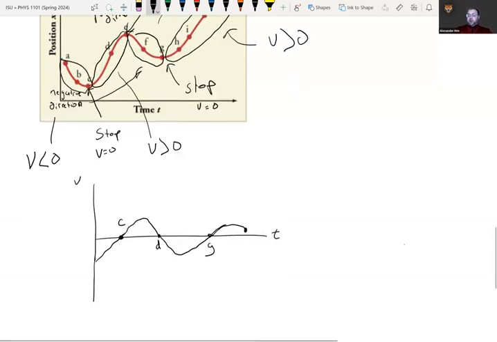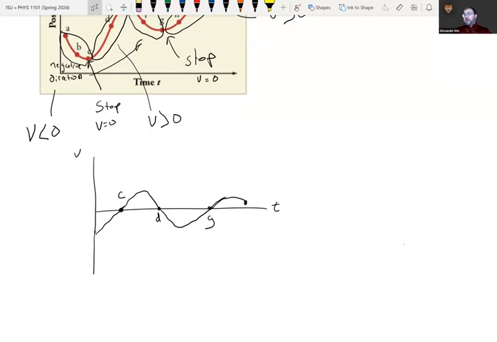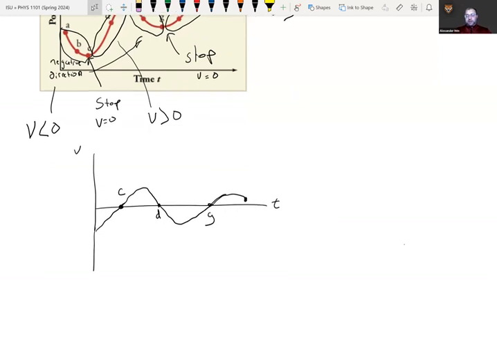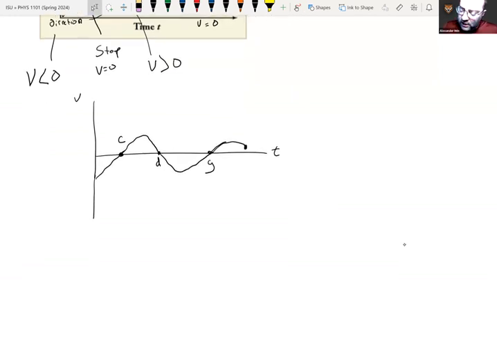From there, you can make a rough sketch of the acceleration. So if I wanted to do acceleration versus time, acceleration can also go negative, by the way. As a reminder, the slope of this graph is your acceleration. And again, this is just an approximation.